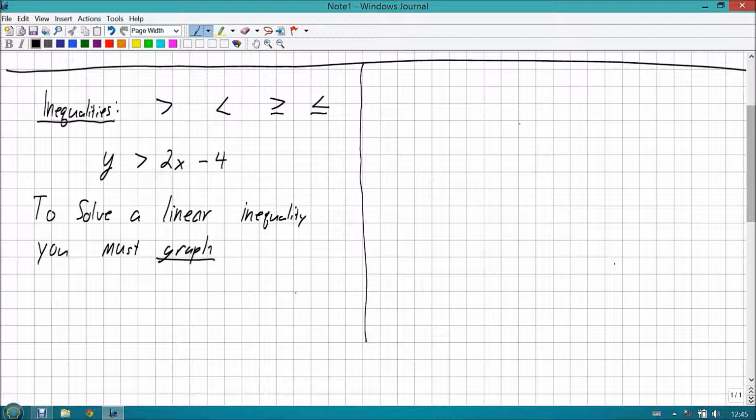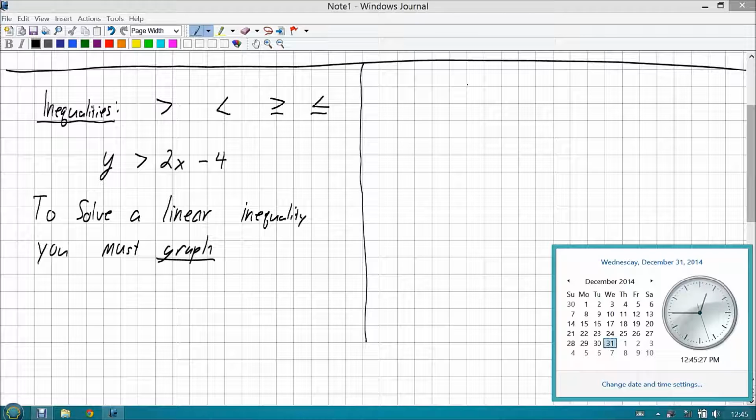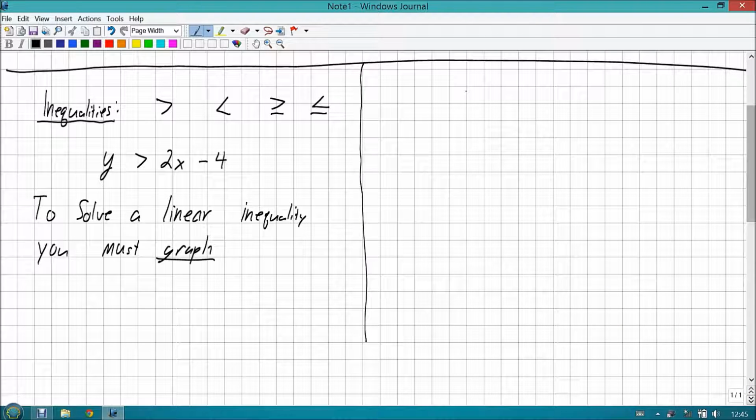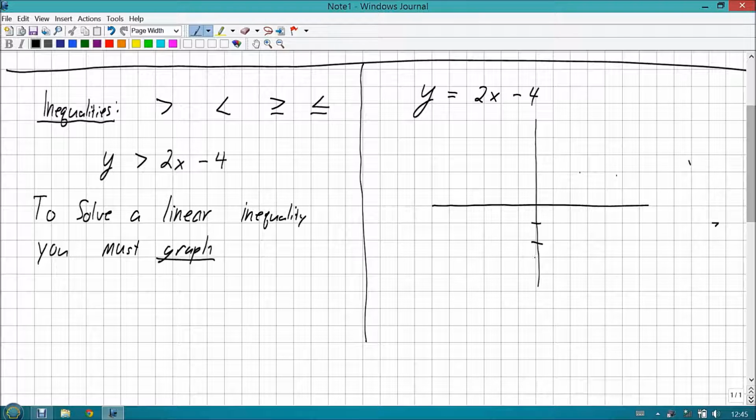Now, the way we graph inequalities is the exact same way that we graph normal linear equations. So as an example, I know how to graph y is equal to 2x minus 4. Graphing that equation, super easy. Step 1, draw a set of axes. Step 2, go to negative 4, negative 1, negative 2, negative 3, negative 4, make a dot.